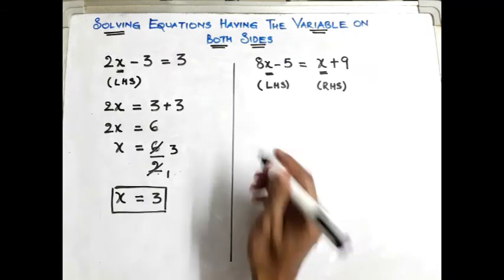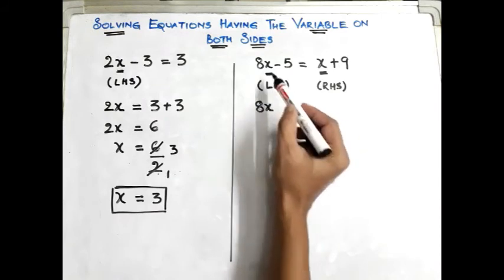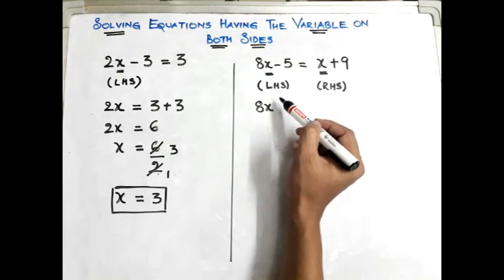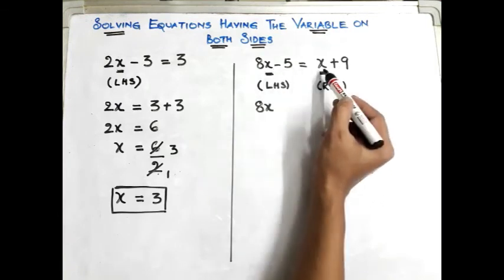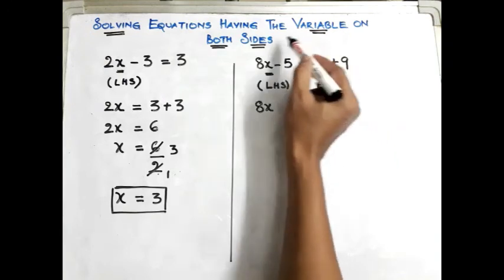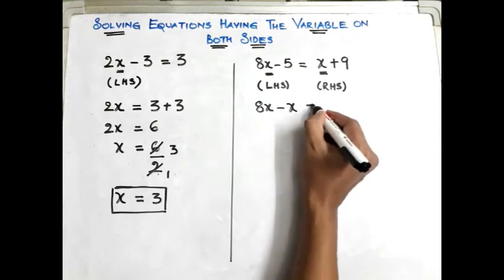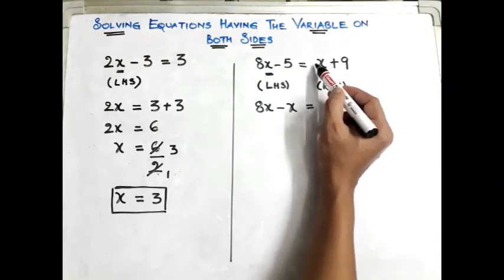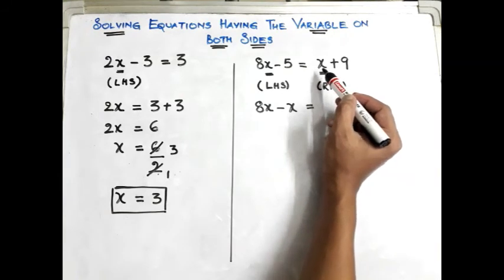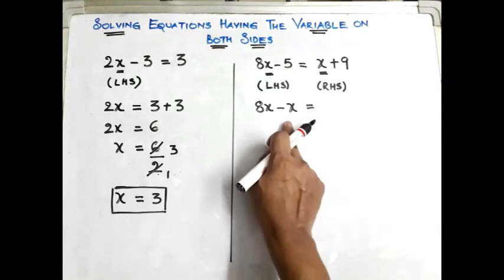So look, 8x, in order to carry the like terms to one side, for 8x the like term is plus x, which is on the RHS. If we transpose it to this side, plus x will become minus x. As you know, the positive symbol is not required to indicate that the given variable or constant has a plus sign. So 8x minus x.